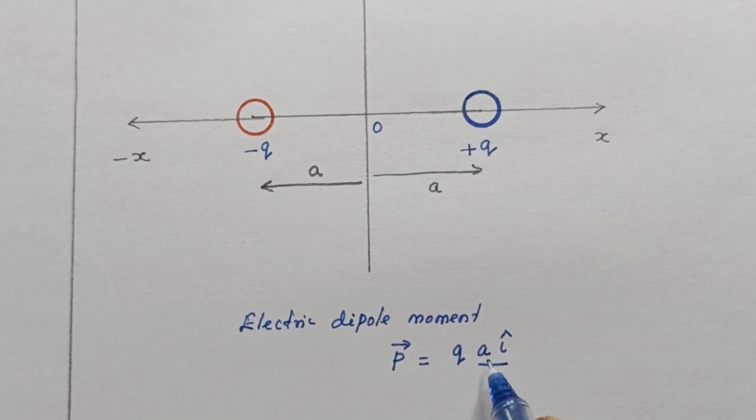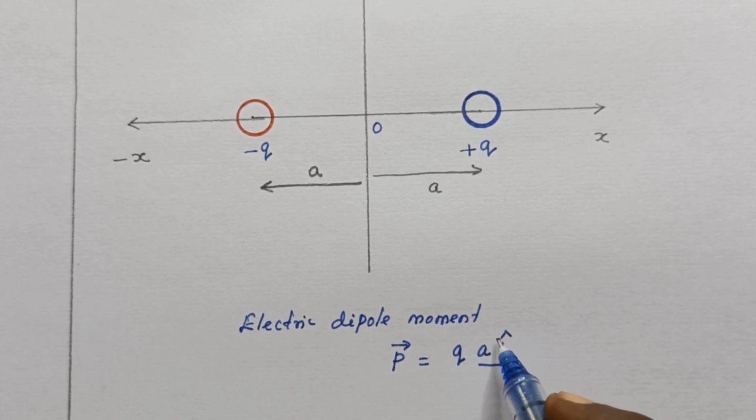So position vector is the magnitude of the distance and the direction. So the direction along the positive x-axis is i cap.